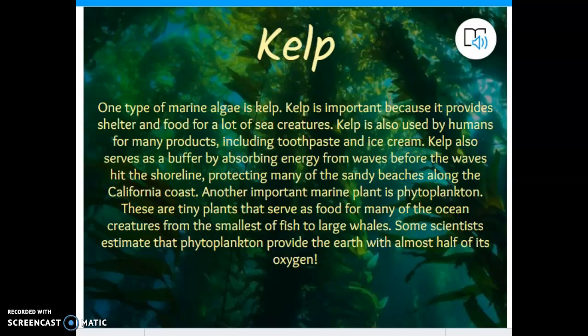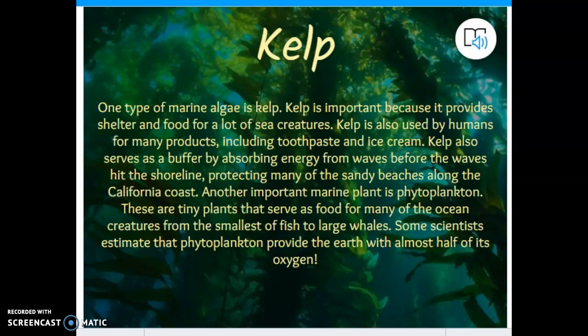Kelp is extremely important. Not only does it provide shelter, a habitat for a lot of sea creatures, it provides food for animals that live in the marine biome. Kelp is used by humans for many things, including toothpaste and ice cream. Hopefully that doesn't make you stop brushing your teeth and stop eating sweets, because it's a good thing.